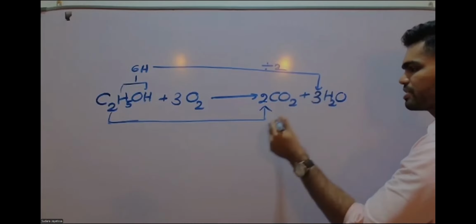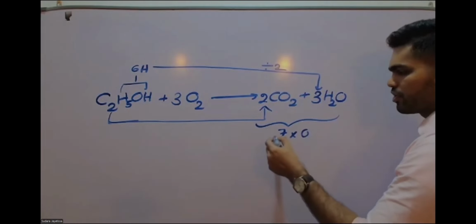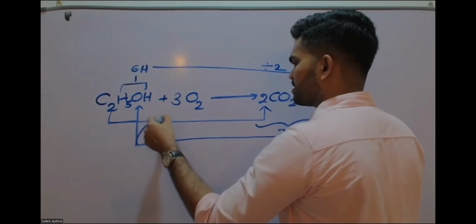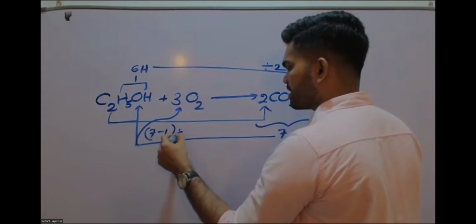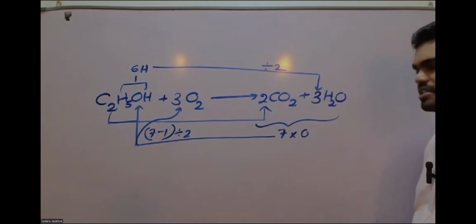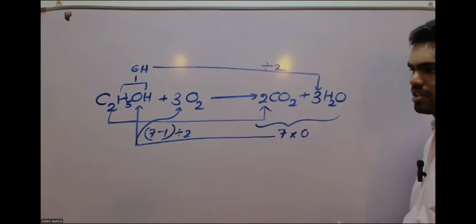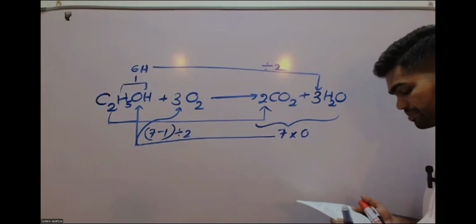Then you find how many oxygen atoms are needed. Altogether you have 7 oxygen atoms. From that, already you have 1 here, so you do 7 minus 1, divide it by 2, and that gives the oxygen. This is how we get the balanced reaction. That is needed for you first of all.